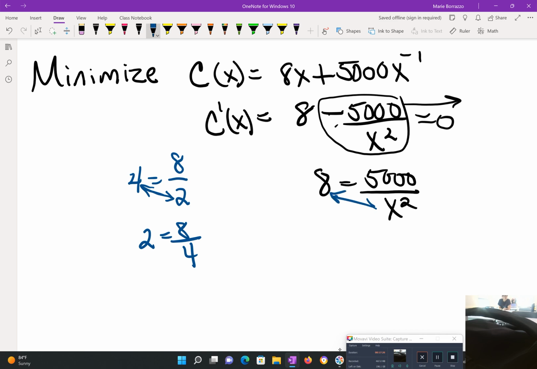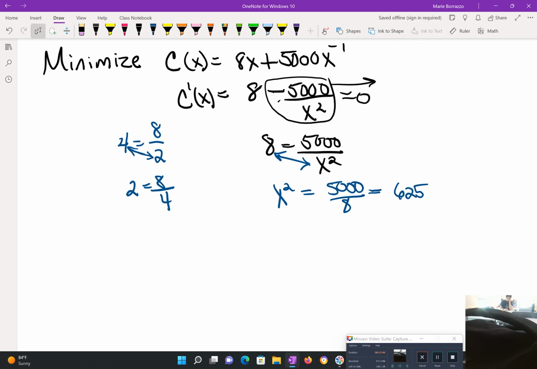So x squared is equal to 5,000 divided by 8, and 5,000 divided by 8 is 625. Remember, we're still trying to get that minimized.